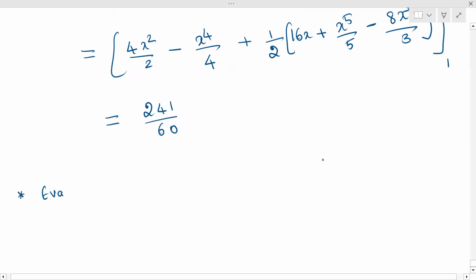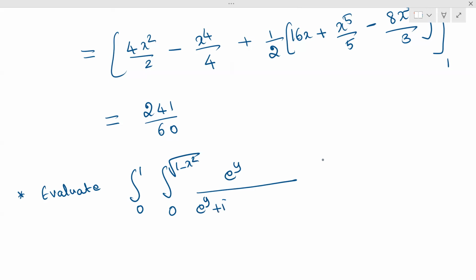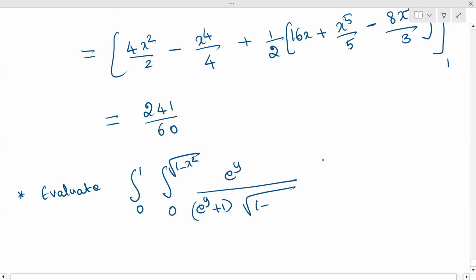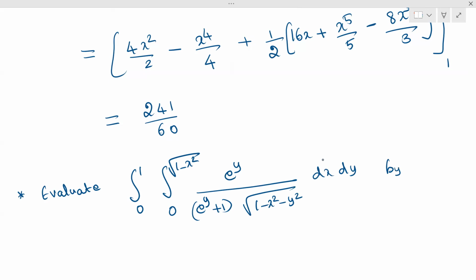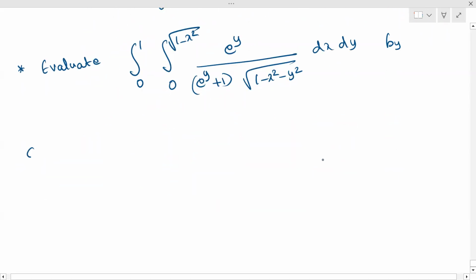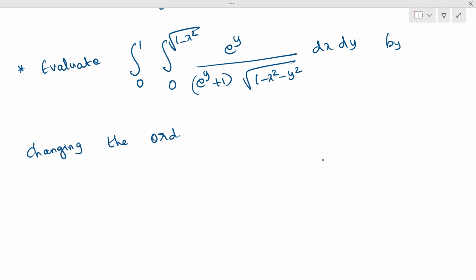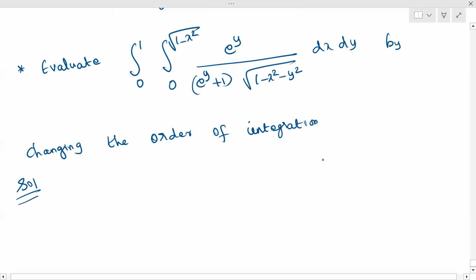Next problem, evaluate the integral from 0 to 1, integral 0 to root of 1 minus x square, e power y by (e power y plus 1), by changing the order of integration.